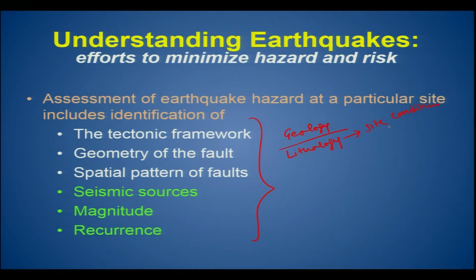So whether the site is sitting on hard rock or on alluvium or alluvial terrain, this will play an important role, and this portion usually has been taken up by the geotechnical engineers.